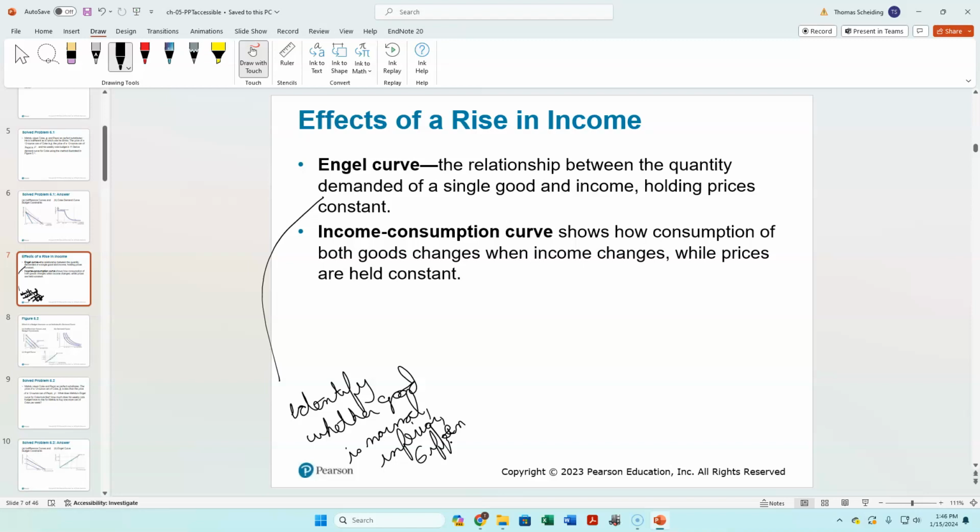And what he had done is he was an economist who had done some research on the Irish potato famine. And what he had found was that income went down, prices went up, but people bought more.